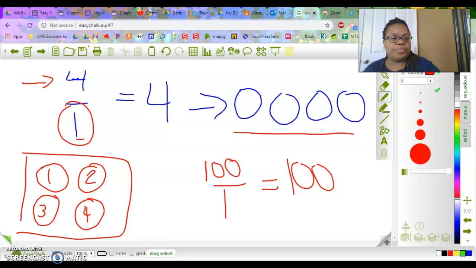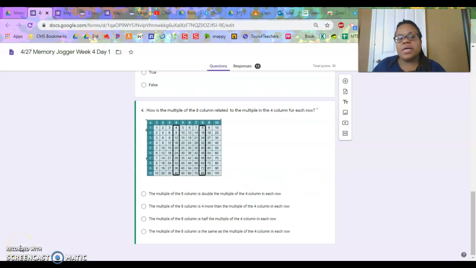All right. So I wanted us to be able to actually see the memory jogger day 1 question number 4. So they give me a visual to help me to better understand this particular problem. How is the multiples in the 8 column related to the multiples in the 4 column for each row?